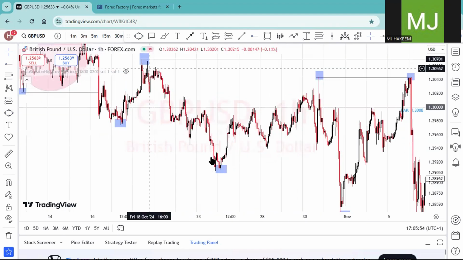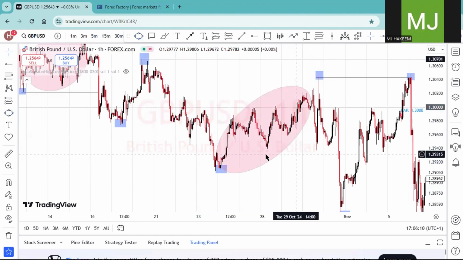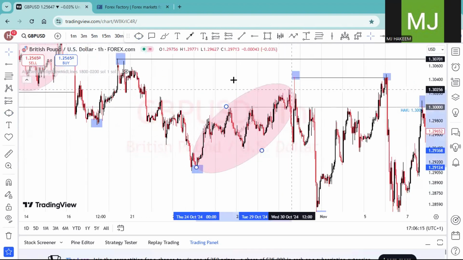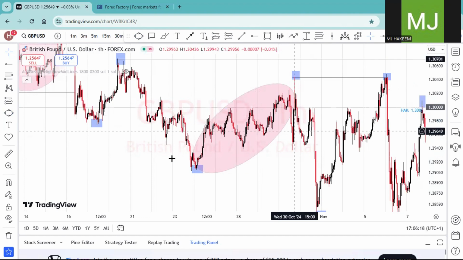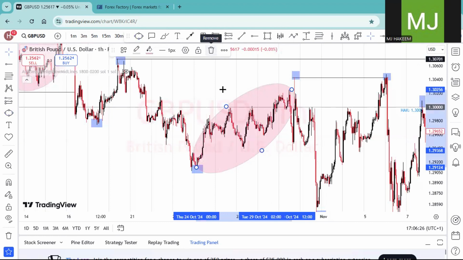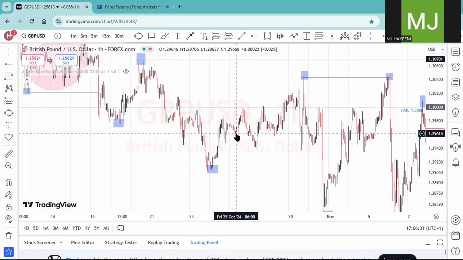I can also trade from this swing low to trade this internal structure, right? By taking a buy. But with the buy that I'm taking, I should know where I'm looking for the reversal of that buy. This is what we call the internal and also the external structure whenever you are trading. Okay. So this is how you can know your internal and also external structure.